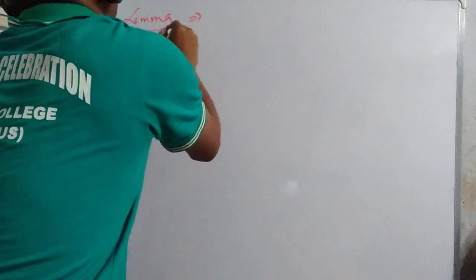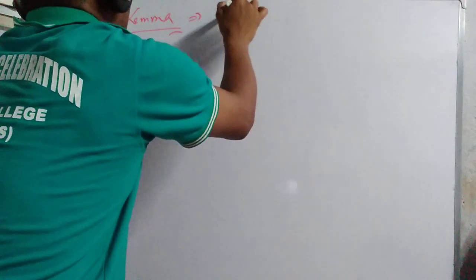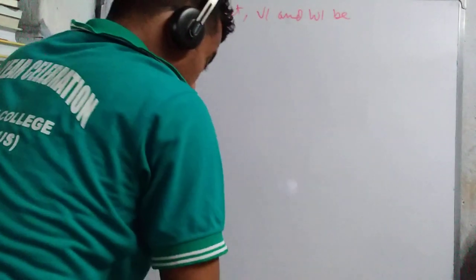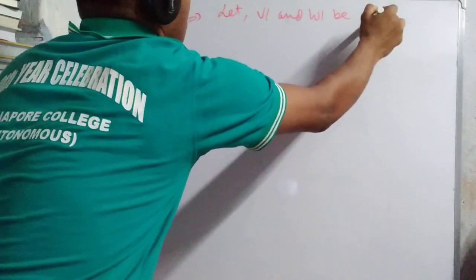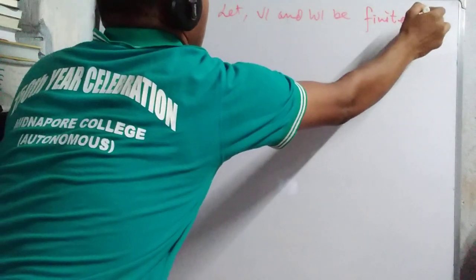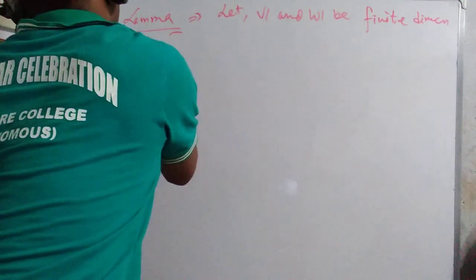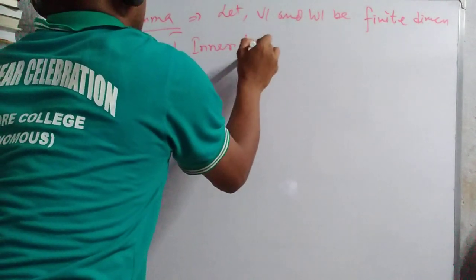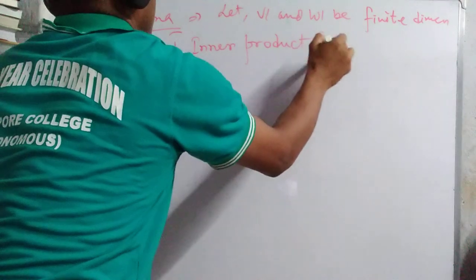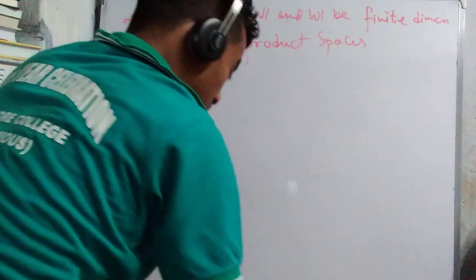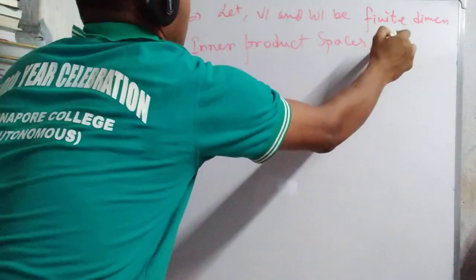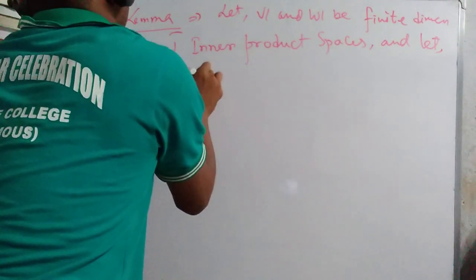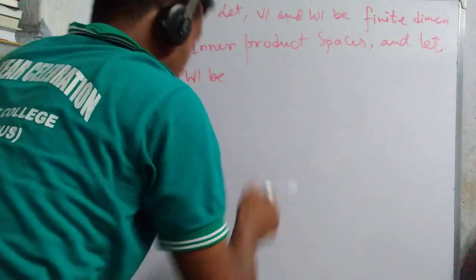Lemma: let V and W be finite dimensional inner product spaces, and let T from V to W be linear.